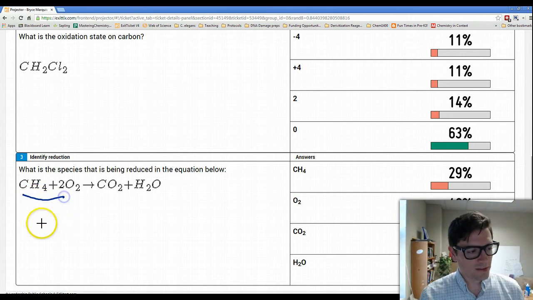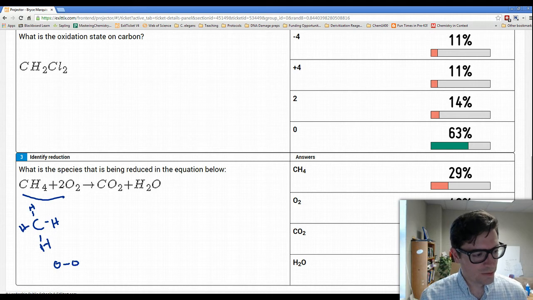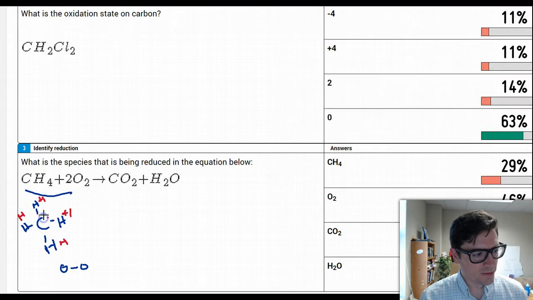If we look at the reactants here, carbon has 4 hydrogens attached to it, and we have 2 oxygens, we have O2. Carbon is more electronegative than hydrogen, so each hydrogen is going to be +1. And so for this to be neutral, carbon has to be -4.